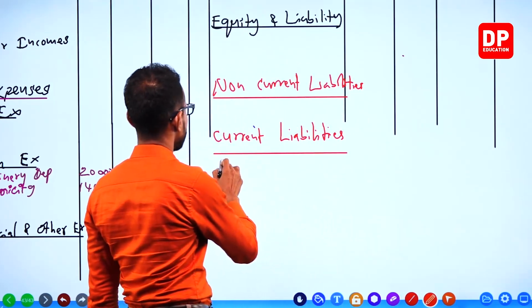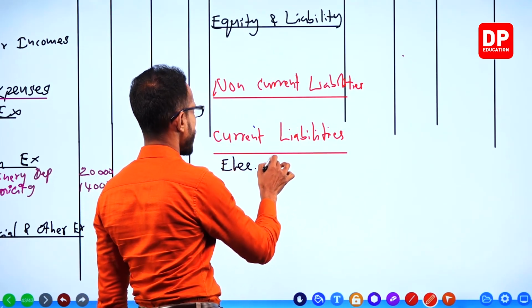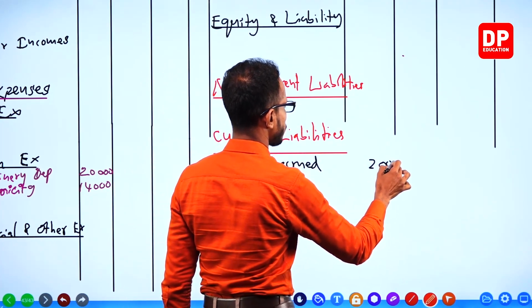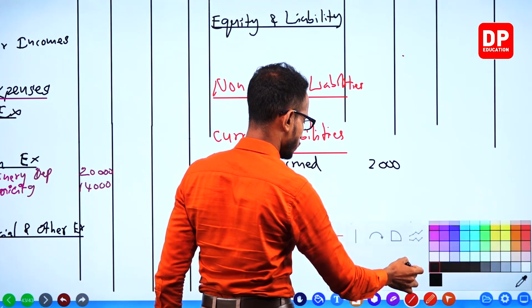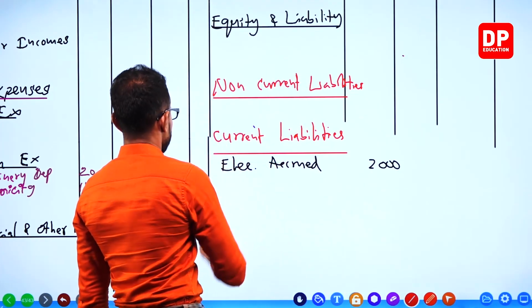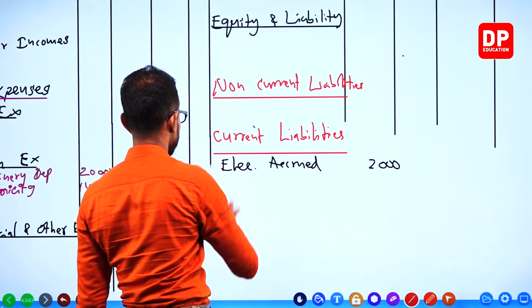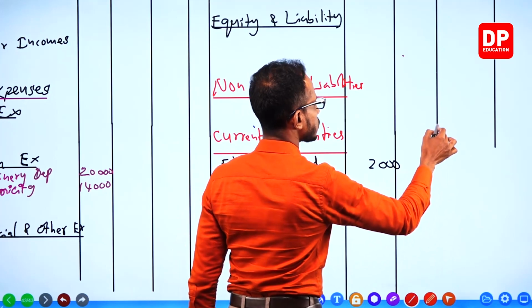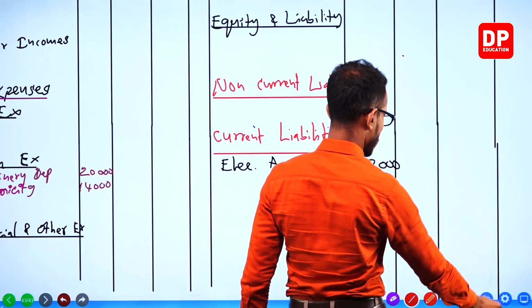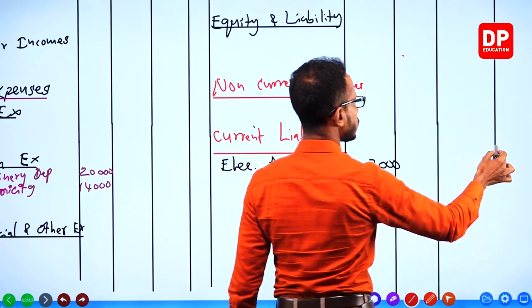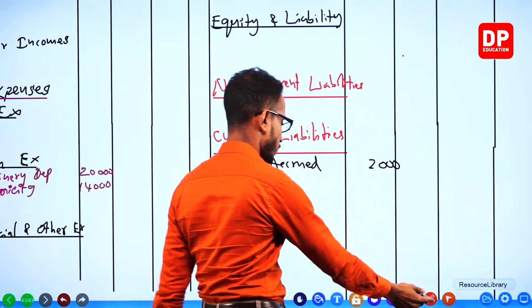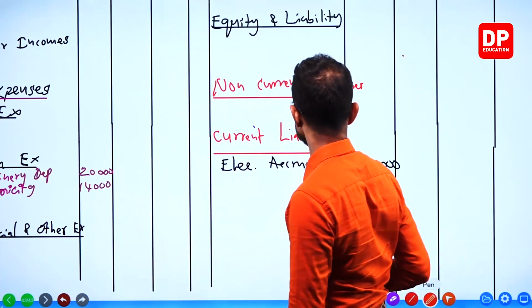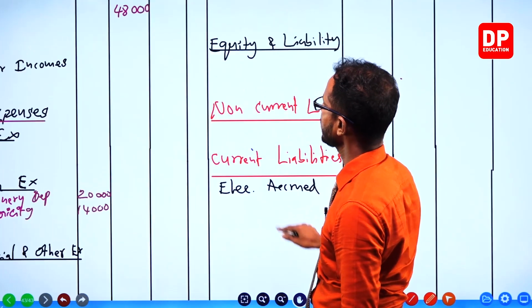Current liabilities. Electricity accrued 2000. Oh, we need more lines, right? There you go. Done. So we are okay with that adjustment too.